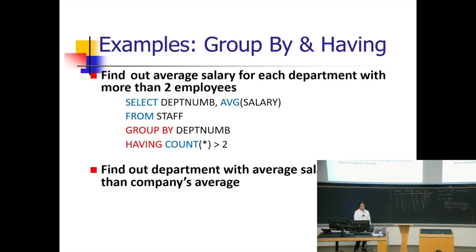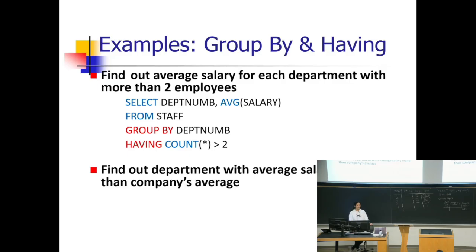Find the departments with average salary higher than the company's average. So do we have any volunteer for this one? Now we want to find departments whose average salary is higher than the company's average salary. No one?